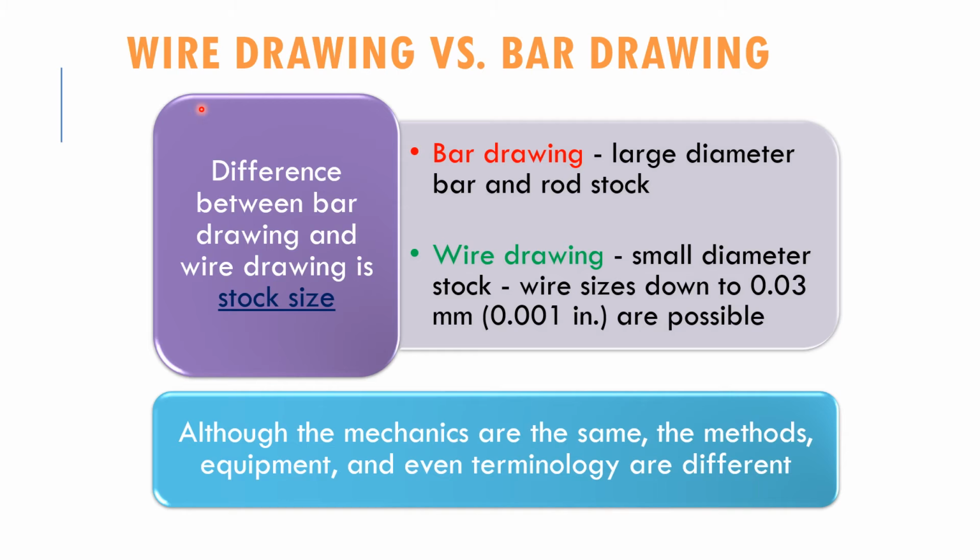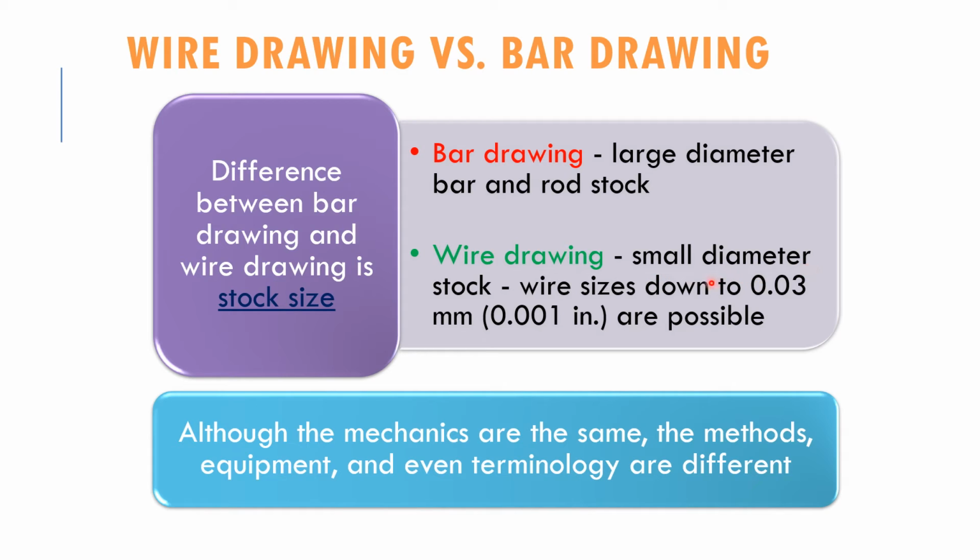Although the process for wire drawing and bar drawing is almost the same, the operations are quite different and different machines are used. The difference is mostly because of the stock size. Bar drawing usually involves large diameter bar and rod, while for wire drawing the starting material is small and the final material is also very small.